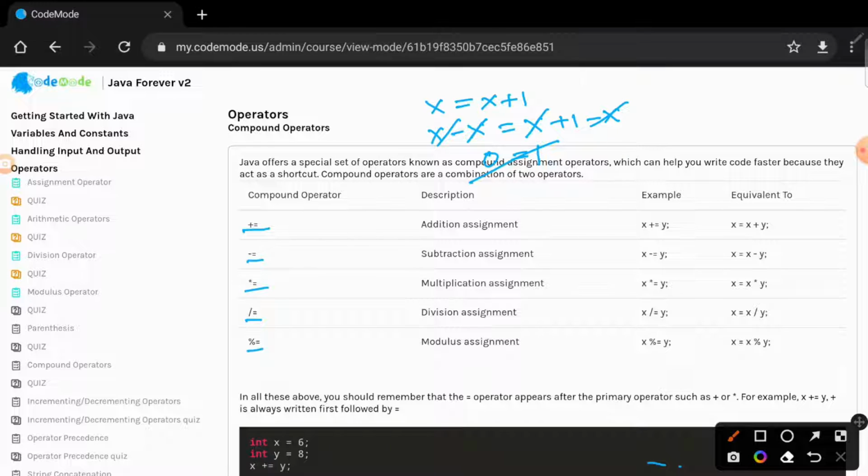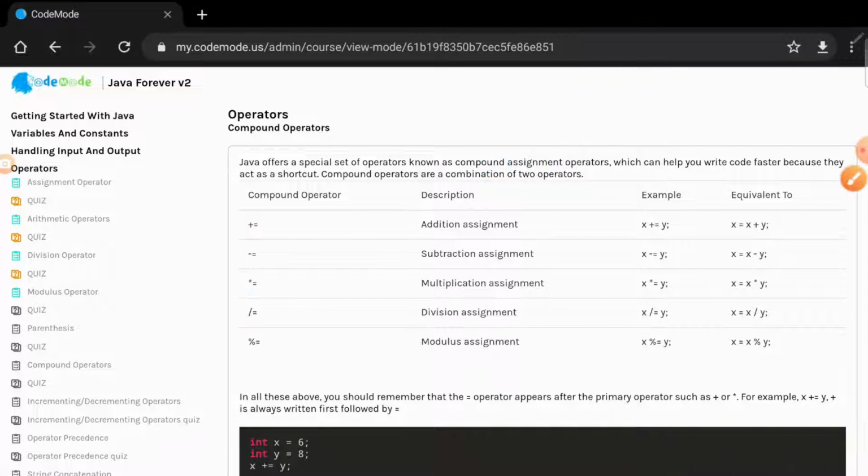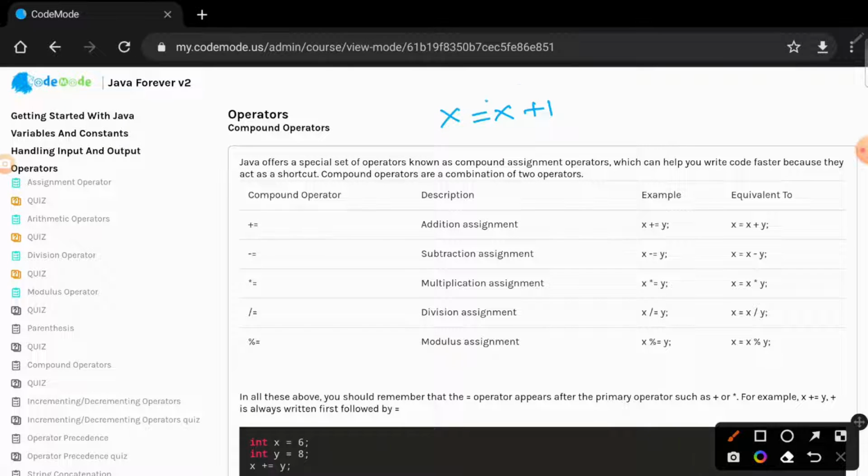But in Java, you can do it because when we say x equal to x plus 1, we are saying first, calculate on the right side, and whatever value you get, you move it to the left side, assign it back to x. So in this case, you will first read the value of x, add 1, compute a new value.